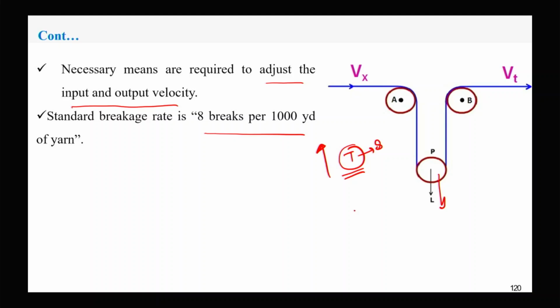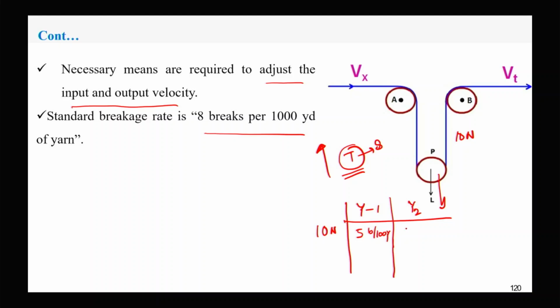So this is yarn 1 and yarn 2. Yarn 1, at say 10 Newton load, is giving a breakage rate of say 5 breaks per 1000 yard.